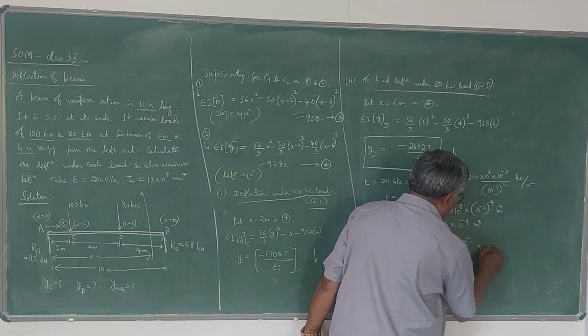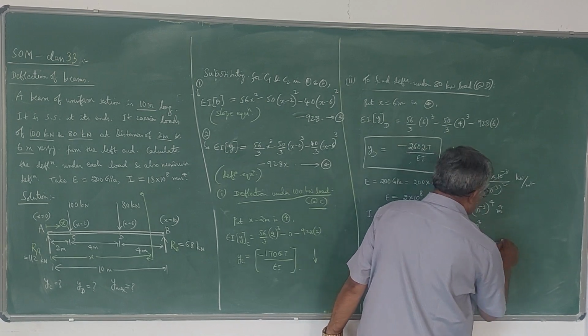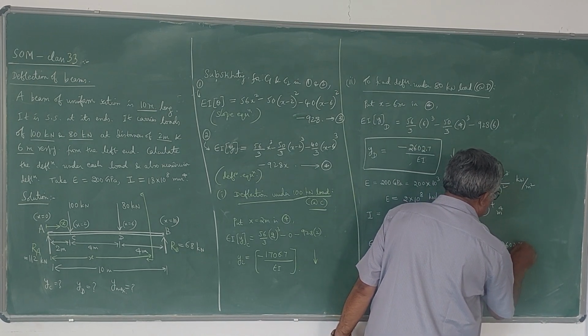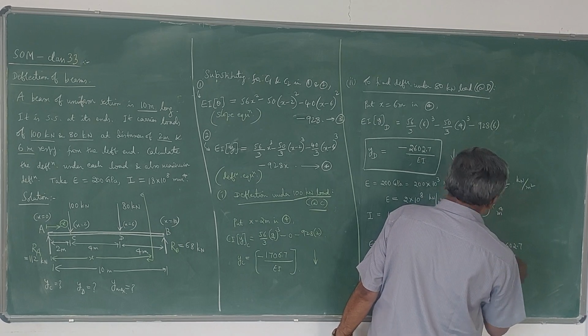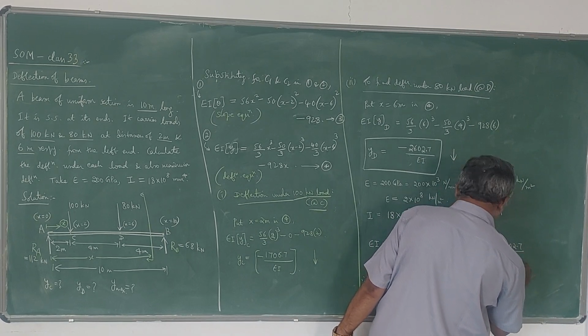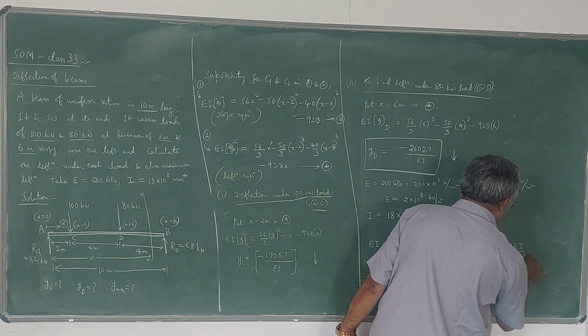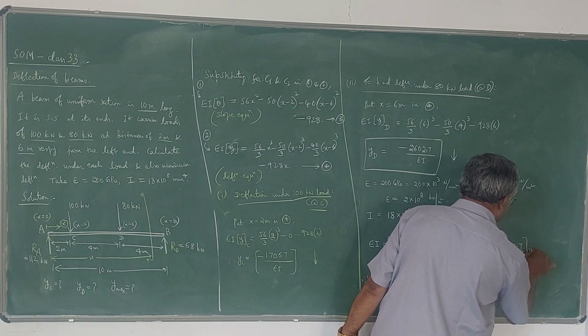Similarly, YD is equal to minus 2602.7 divided by the same value, that is 36 into 10 power 4 meters. This should be in meters.